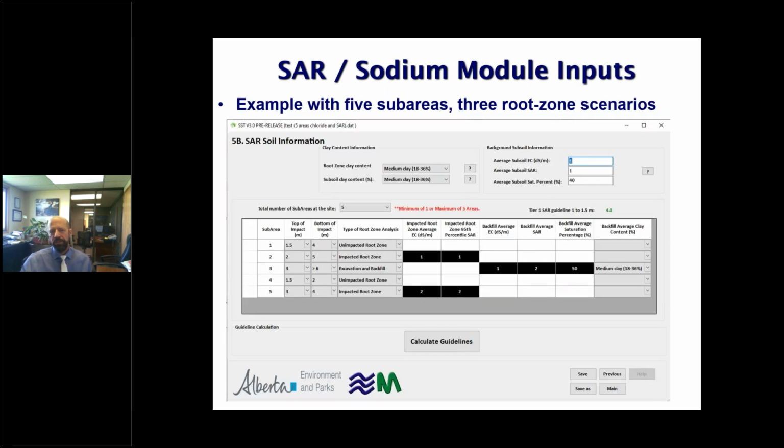So on this page, you can see the final input page for SAR and sodium. You can define up to 5 sub areas with top and bottom of impact. You can define clay content, background salinity, how the root zone is handled. So it's not overly complicated to do a SAR sodium assessment. It dovetails nicely at the end of information you already need for chloride.